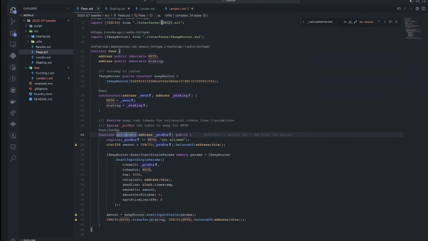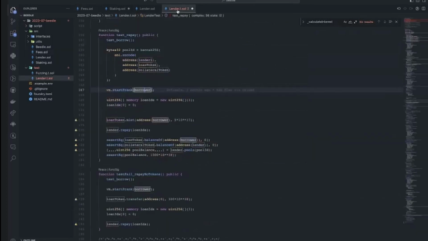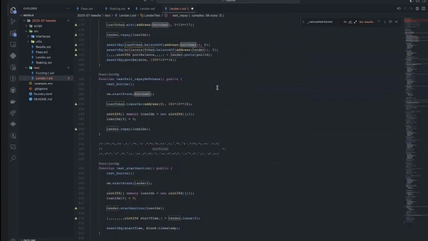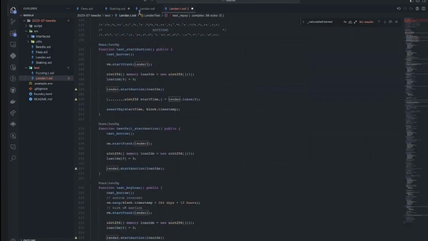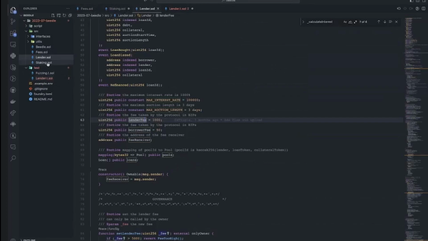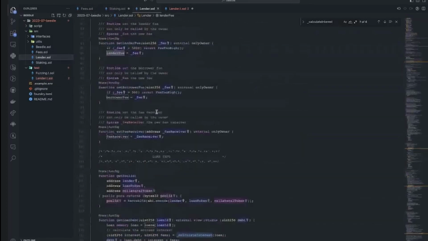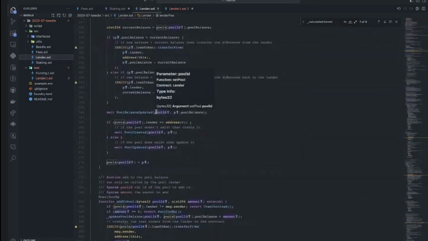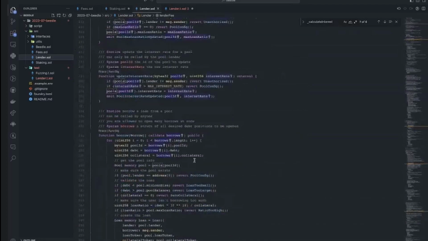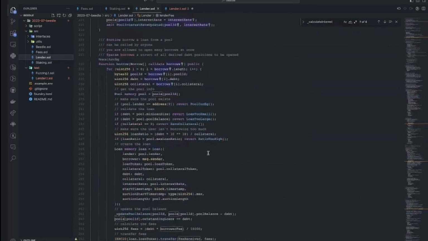We can also try and see whether any other external factors would influence the lender contract, because it has the most meat to it. We know that the tokens that we are going to loan out and the tokens that are going to be used as collateral are basically going to be arbitrary.